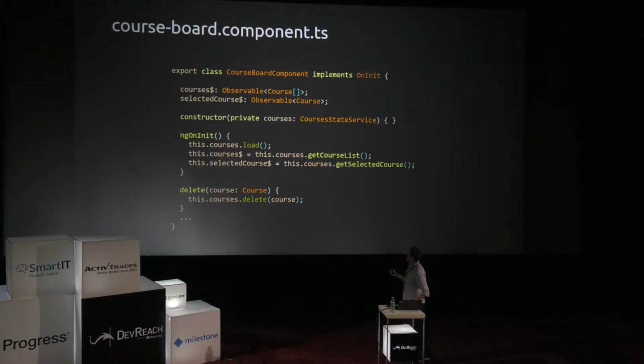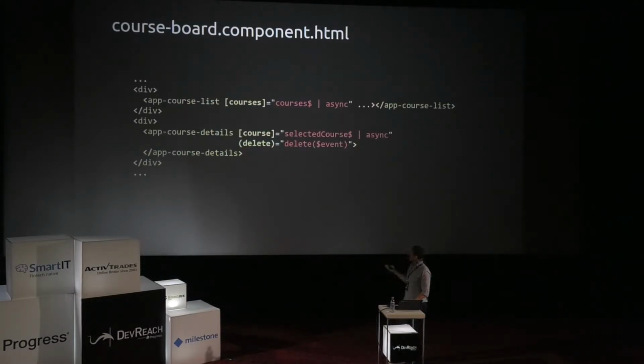You can see that, first of all, it knows where the data comes from, the sources of the data. It also communicates with our business layer, and when an event occurs, our component knows how to deal with it.